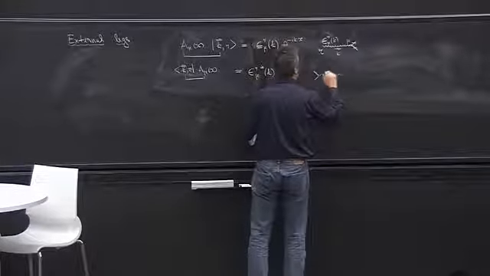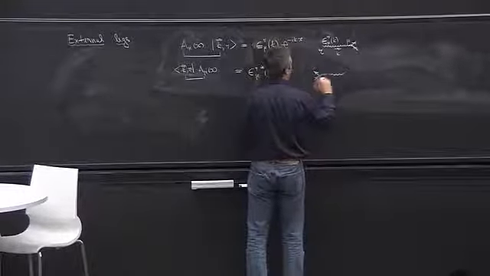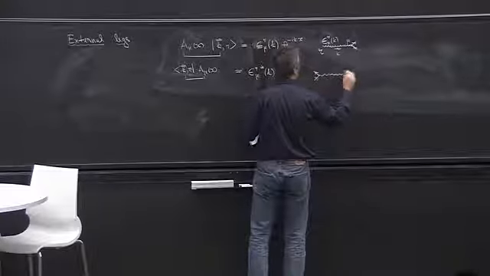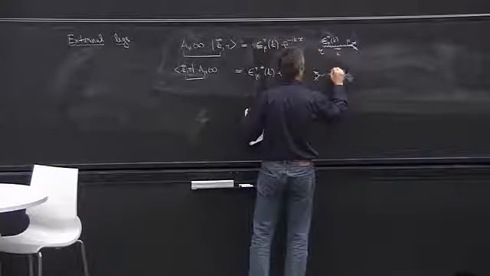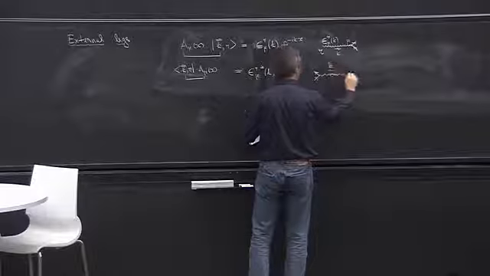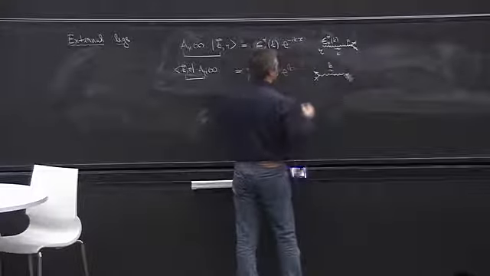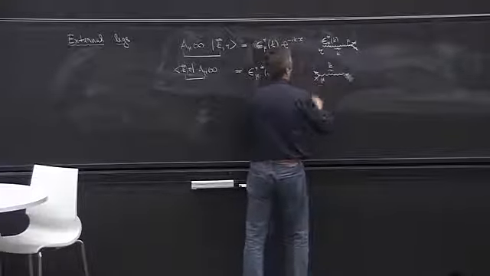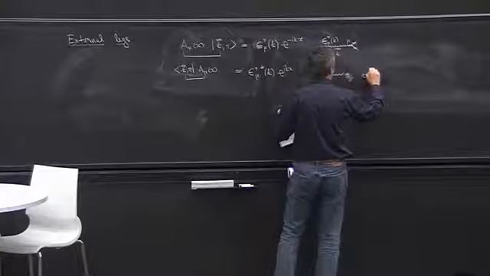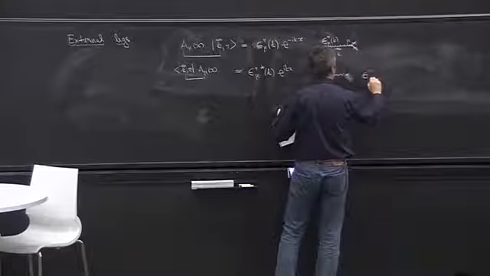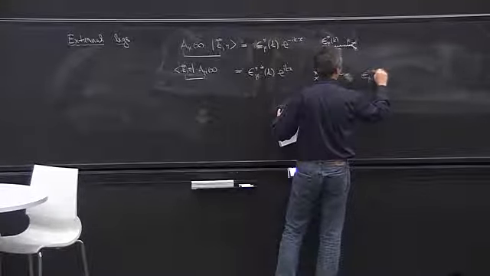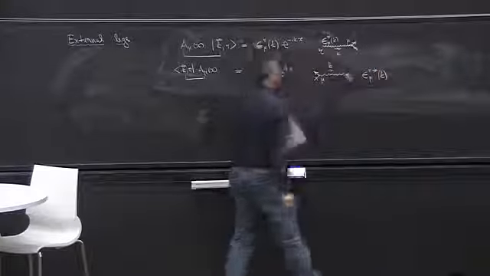So the outgoing photon will be characterized by momentum and polarization. And the factor that we should write here is epsilon mu r complex conjugate of k.